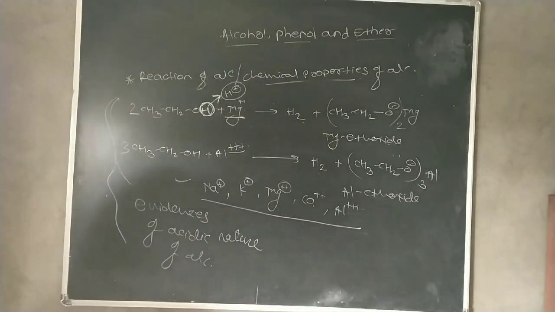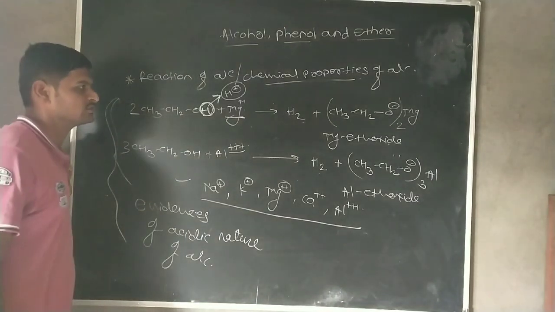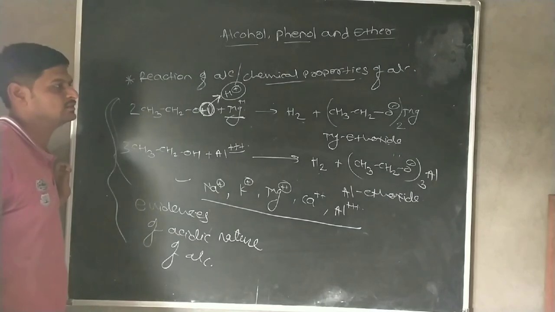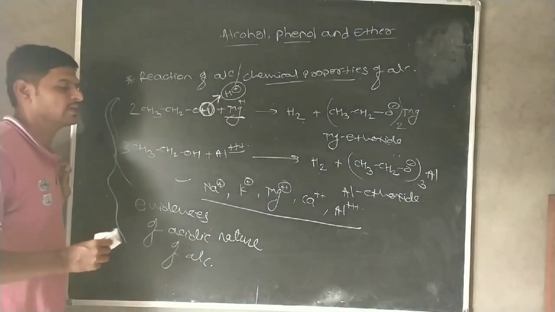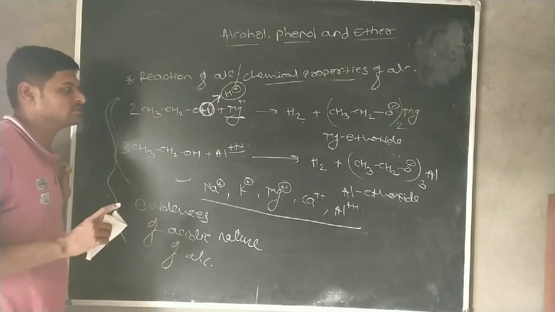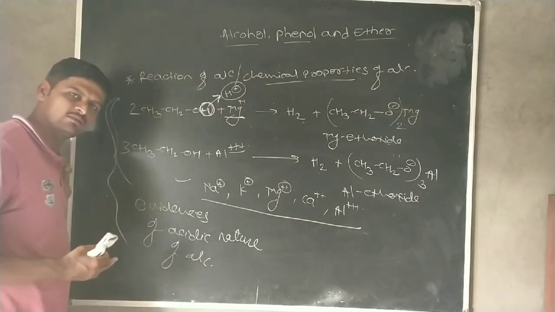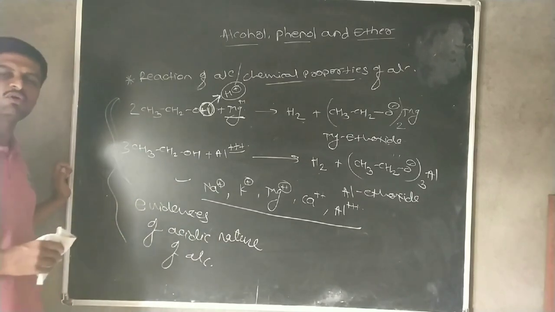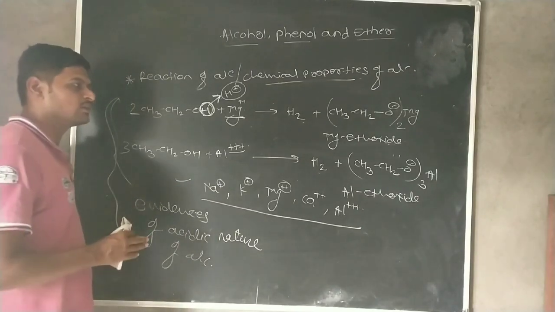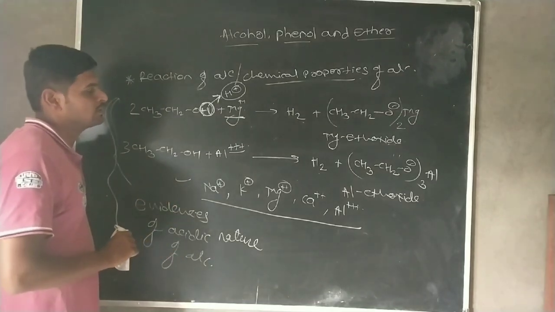Then, in these chemical reactions, we can say there are 2 types of cleavages. In the first, the bond breaks between the alkyl group and the oxygen atom. In the second, the bond breaks between the alkoxide ion and the hydrogen atom.